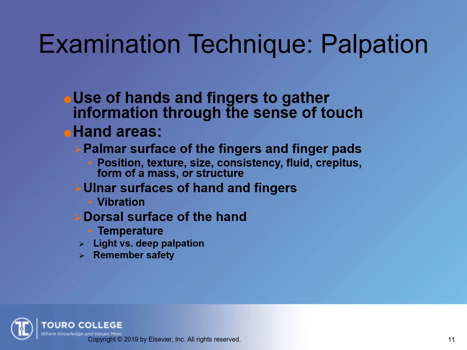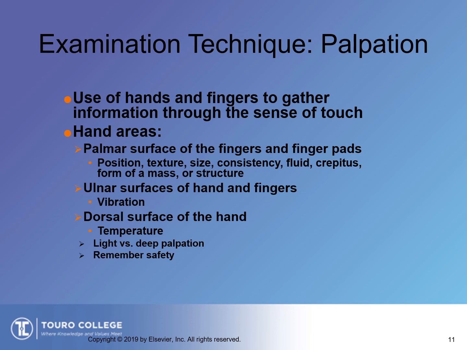Palpation is the use of hands and fingers to gather information through the sense of touch. Sometimes we palpate using the palmar surfaces of our fingers and finger pads, ulnar surfaces for vibration, and dorsal surfaces for temperature. So I'm actually going to feel the back with the back of my hand sometimes too.